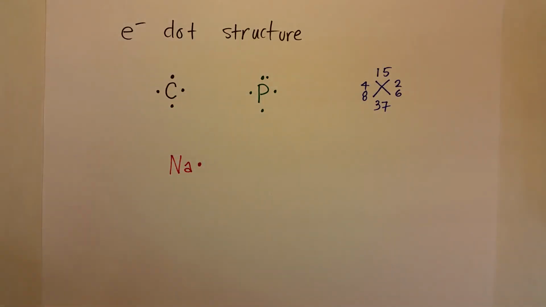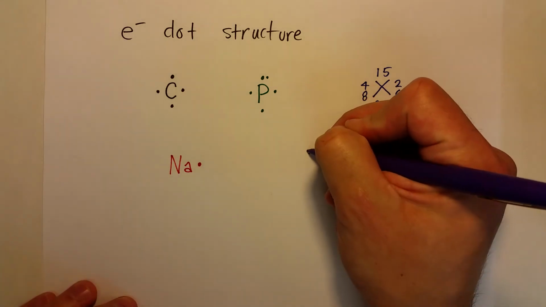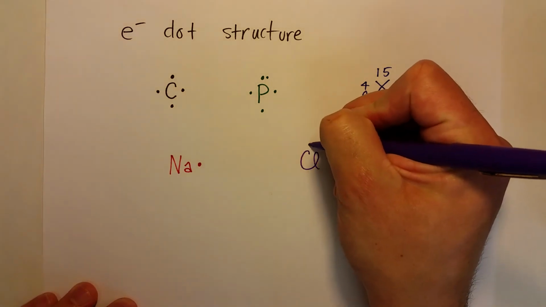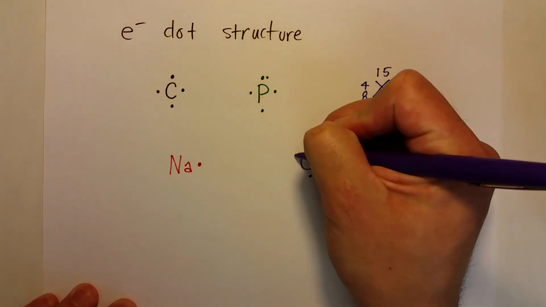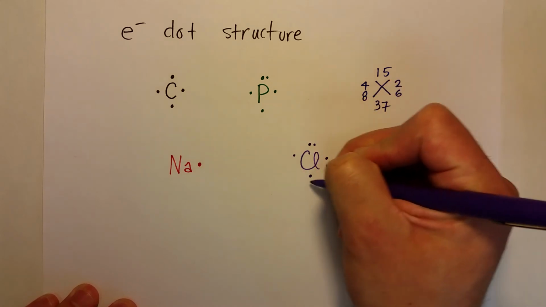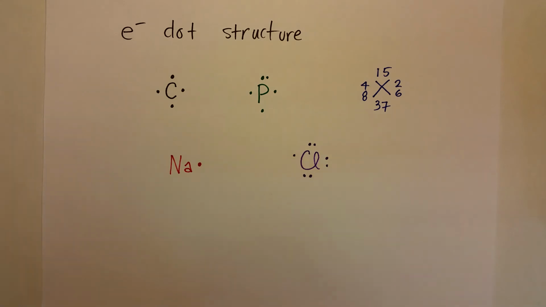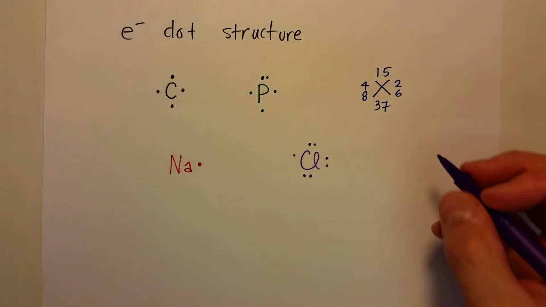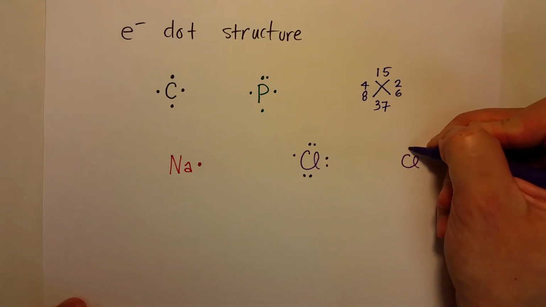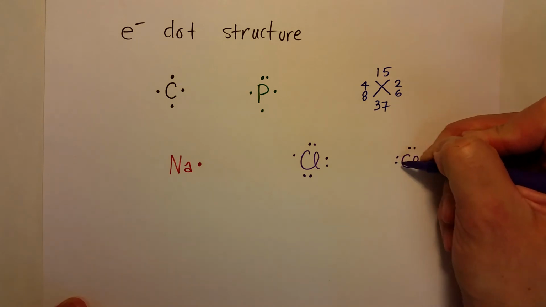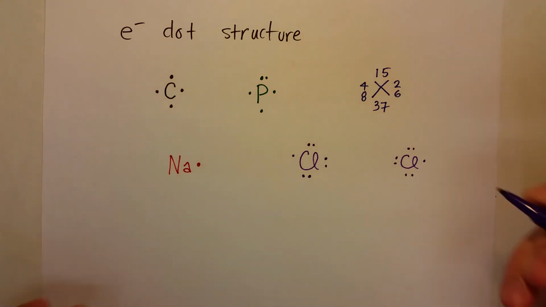And so we would draw chlorine like this, 1, 2, 3, 4, 5, 6, 7. Now I left the 1 lone electron on the left side. I could easily draw chlorine like this, 1, 2, 3, 4, 5, 6, 7. And that's perfectly fine as well.